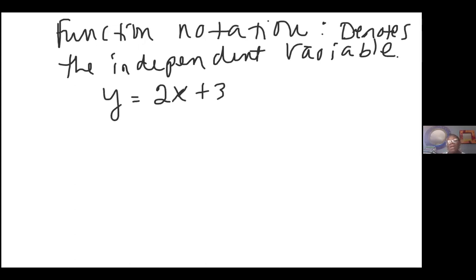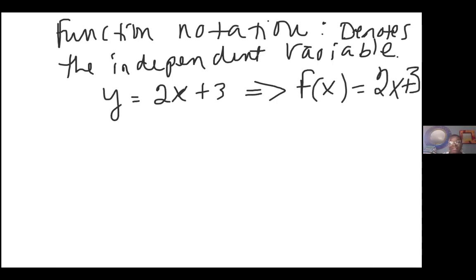For example, if I have y equals 2x plus 3, I know the value of y is going to depend, it's going to rely on the value of x. So I can take this equation and rewrite it as a function of x. So this equation functions on the value of x, and it is equal to 2x plus 3, guys. That's the function notation.